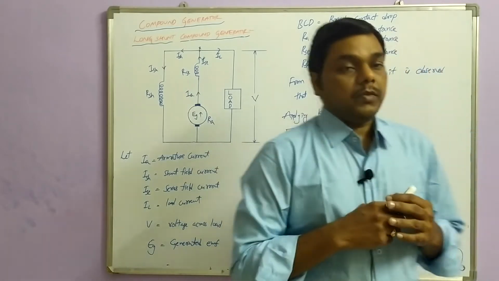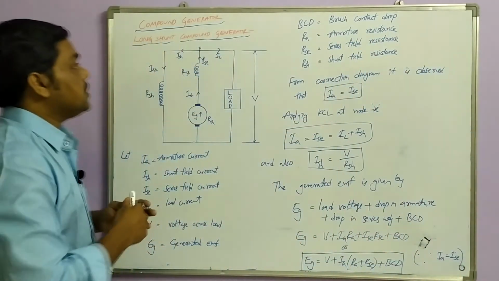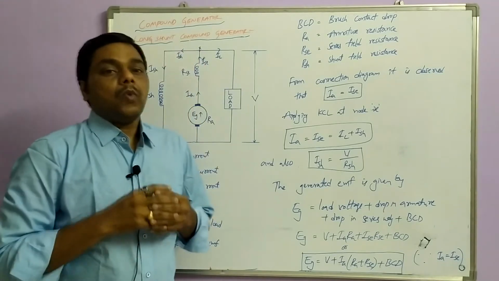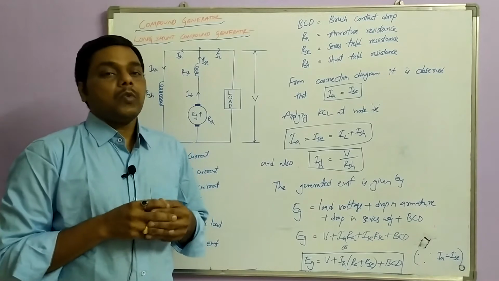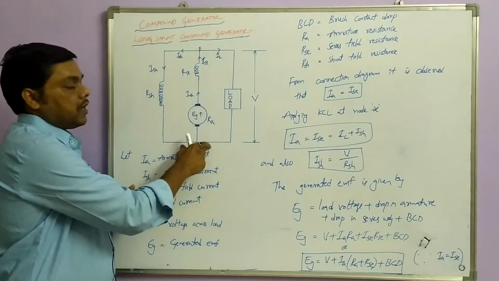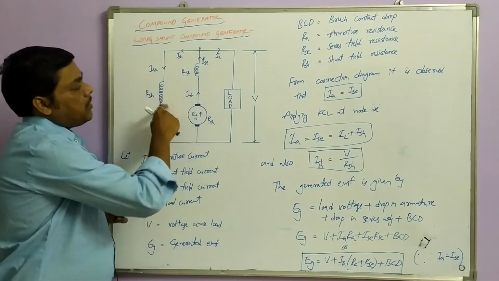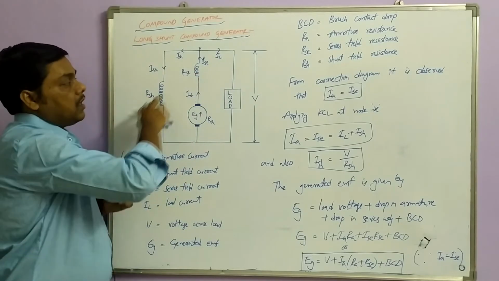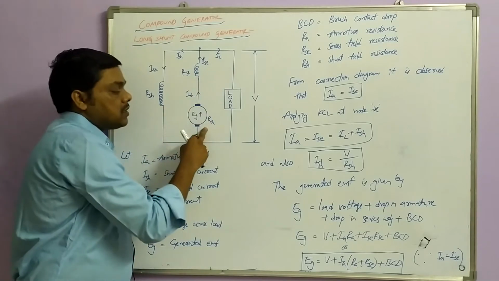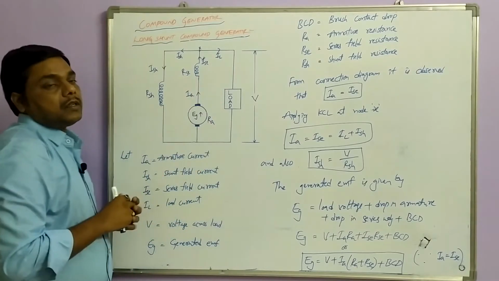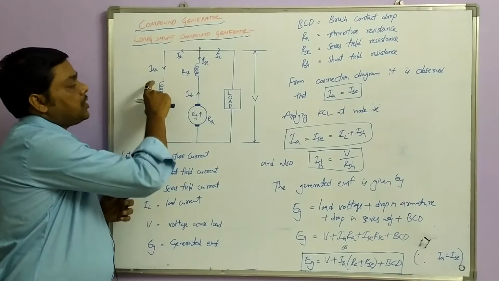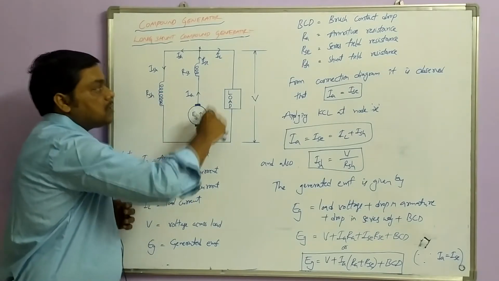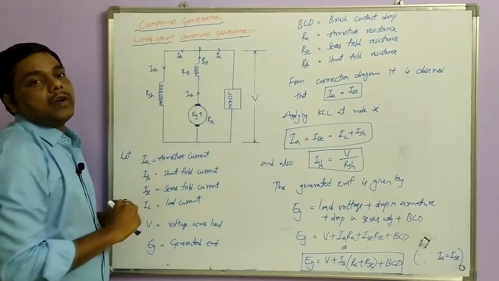Now we will see the difference between long shunt and short shunt with a clear explanation. The first one is the long shunt compound generator. Why is it called long shunt compound? We will see the connection diagram. We have two windings, the series winding and the shunt winding. The series winding is connected in series with the armature, but the shunt winding is connected across both the armature and the series winding.